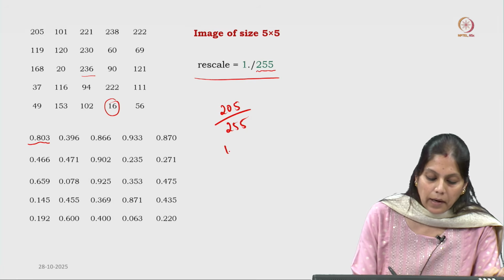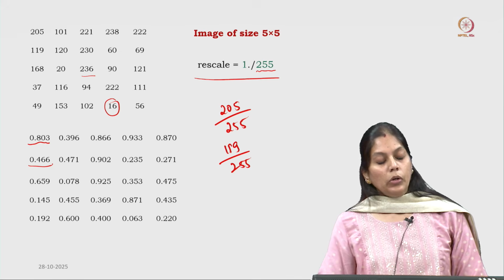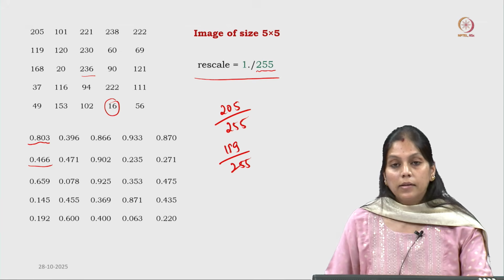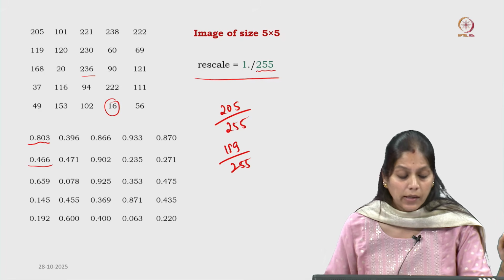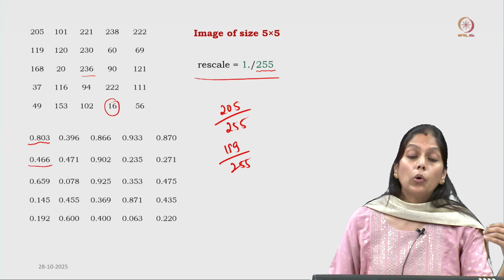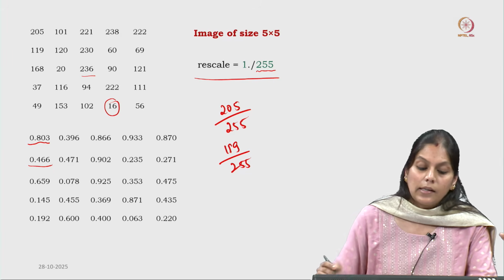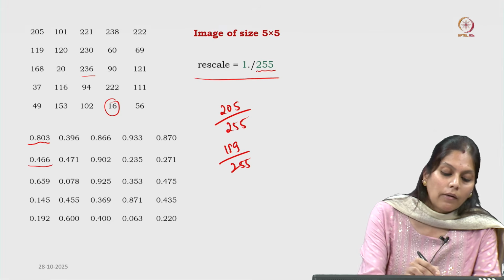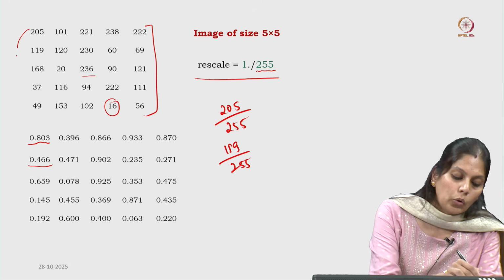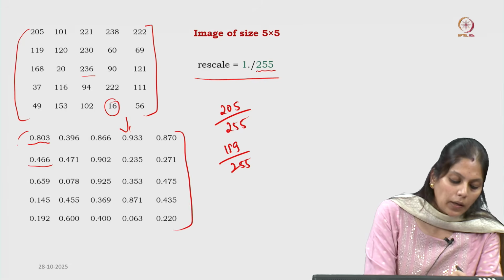Likewise, take the second number 119, divide it by 255, we get this value, and so on. This is the very first data augmentation or pre-processing step, where we normalize the values: these are the values between 0 and 255, and these are the values between 0 and 1.